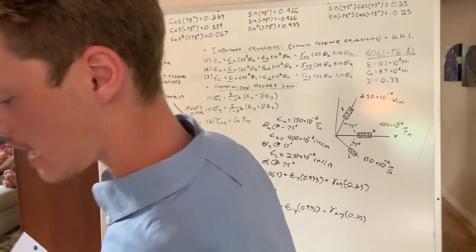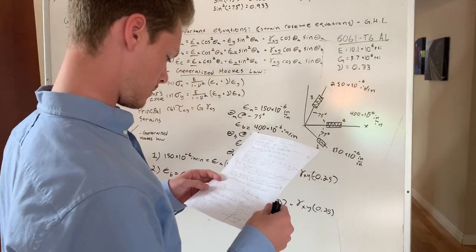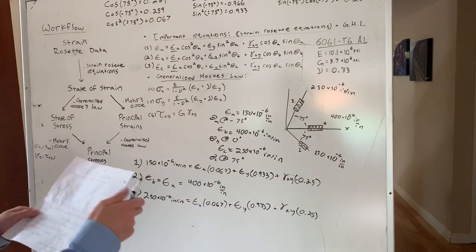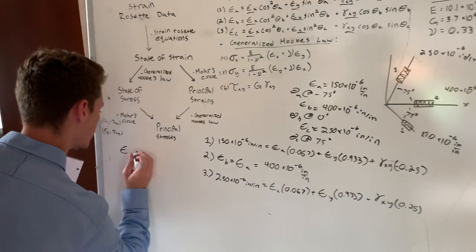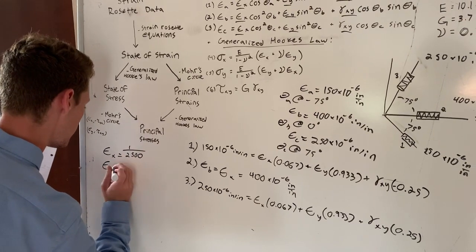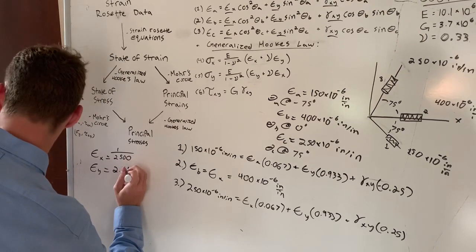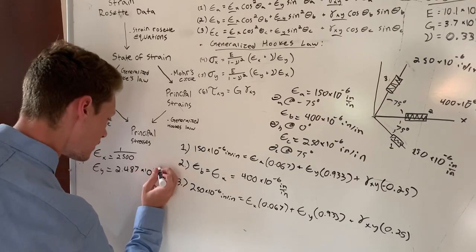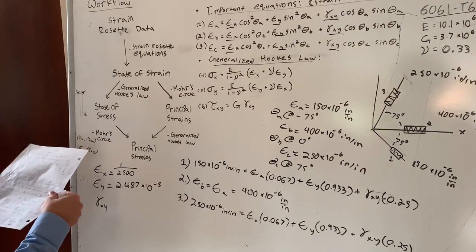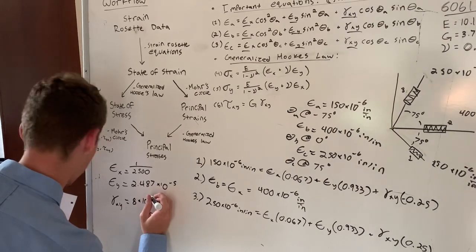And for my answers, I got epsilon x is equal to 1 over 2500, epsilon y is equal to 2.487 times 10 to the -5, and gamma xy is equal to 8 times 10 to the -4.